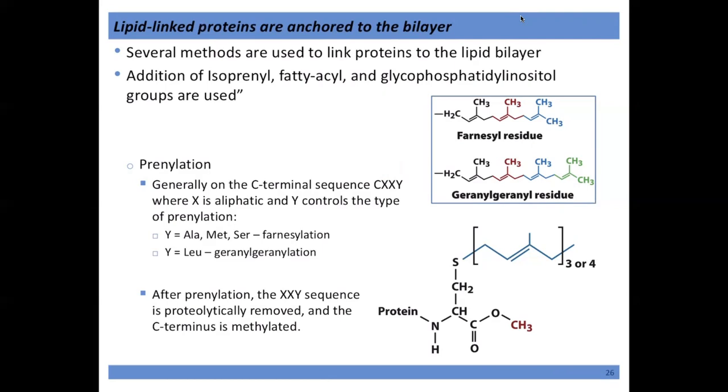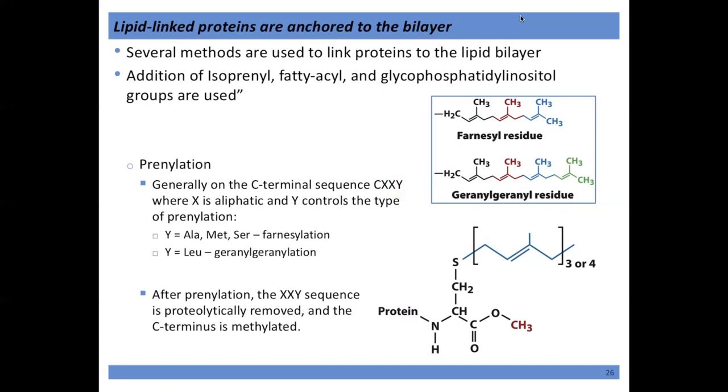So if that Y is alanine or methionine or serine, then you tend to add this farnesyl residue. And the farnesyl residue is actually attached by a Michael reaction from the cysteine sulfur to that double bond. So if you look at this, this is very similar to Michael chemistry. So you can actually attack a double bond there and form a bond between the sulfur and this beta carbon right there.